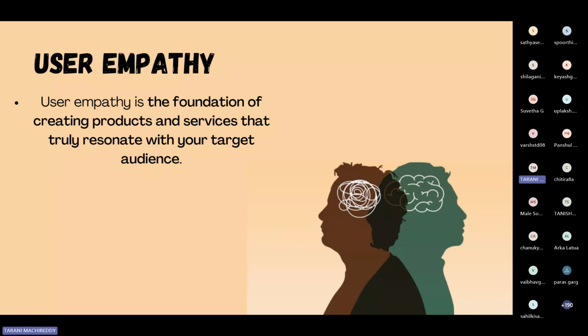They can also have time to time reminders for taking medicines, get workout suggestions, and we can also track and share our progress with the doctors, etc. So yeah, this is an example for user empathy.